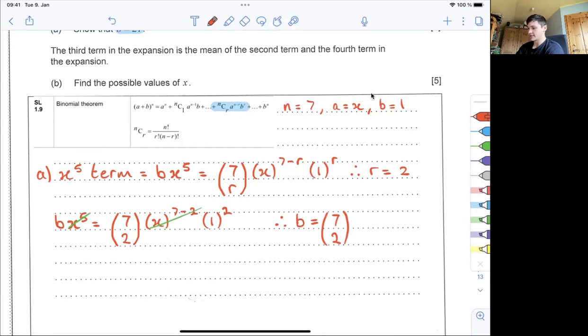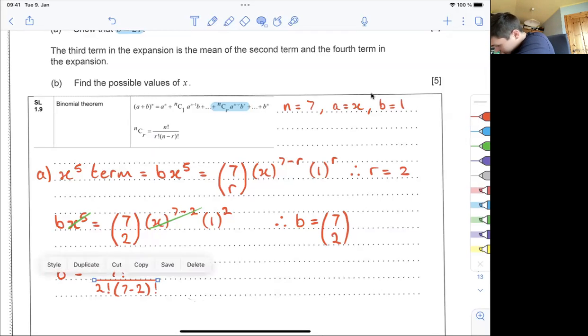So now we've got b is equal to 7C2, and we're going to have to move on to the nCr formula down here, where we have n factorial divided by r factorial multiplied by n minus r factorial. If we apply this, b is going to be equal to 7 factorial over 2 factorial multiplied by 7 minus 2 factorial.